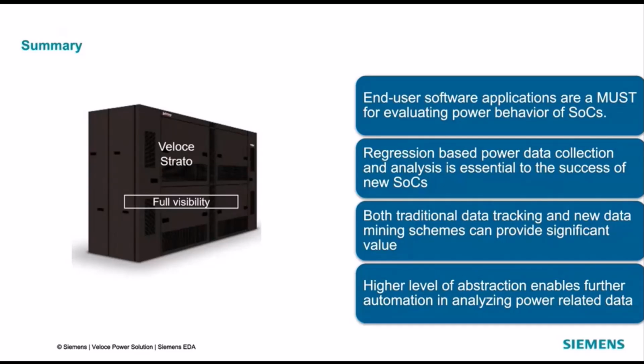The higher level of abstraction that we presented, we hope, enables further automation in analyzing power-related data. So instead of looking at data as disjoint items, we look at it at a slightly higher level and analyze it this way.